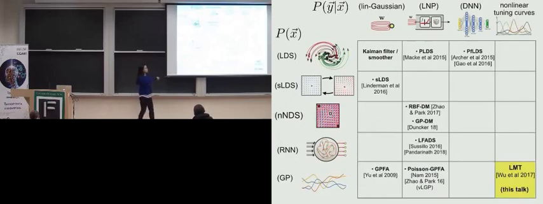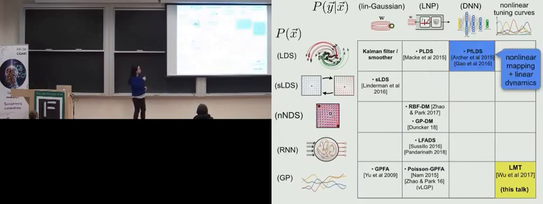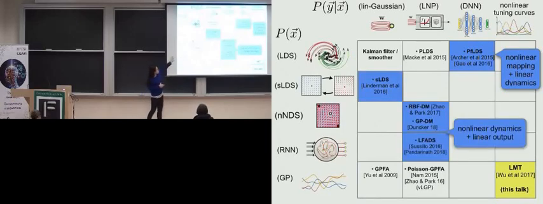And we generate a new column by modeling these nonlinear tuning curves together with the Gaussian process. For example, the PfLDS has a nonlinear mapping with a neural network, but a linear dynamical system. And these three models use a nonlinear dynamical system, like a recurrent neural network, but they use a linear Gaussian mapping function.